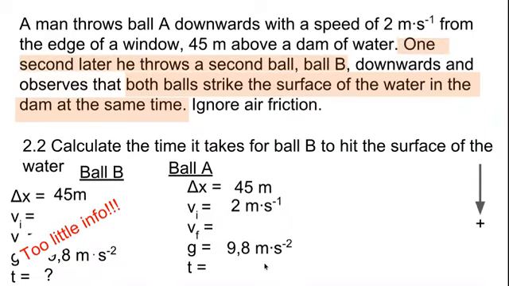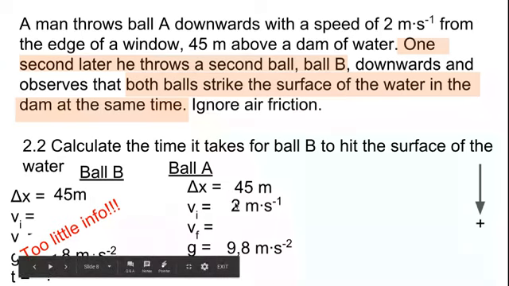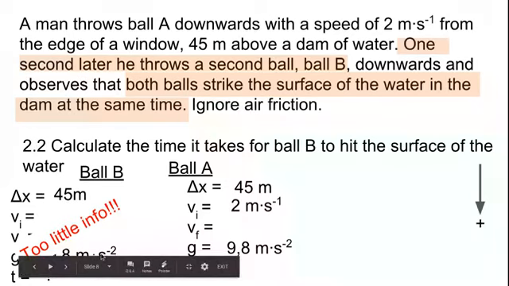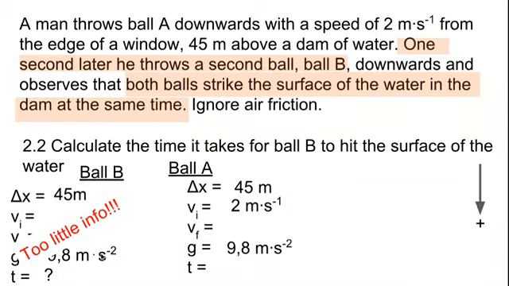So then I realized, if I have all of this information and I calculate the time it took for ball A, that means I will be able to calculate the time for ball B as well, since he throws a second ball downward 1 second later.